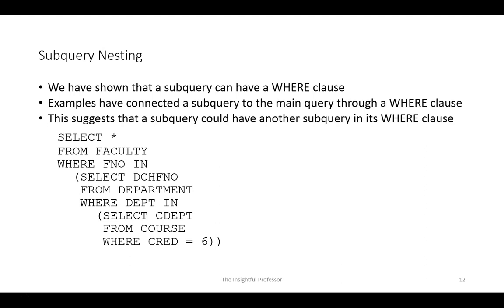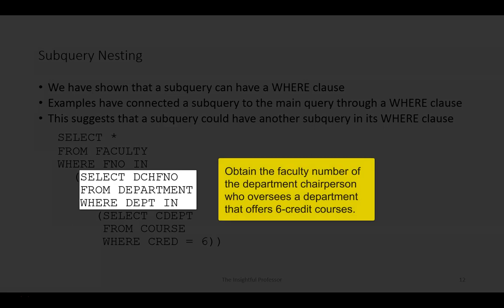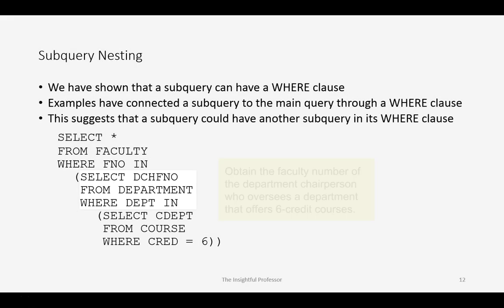With that information, now we can select from the department table, provided that the department ID is in this list of values returned by the subquery against the course table. This will then yield a set of faculty numbers for faculty members who chair departments.